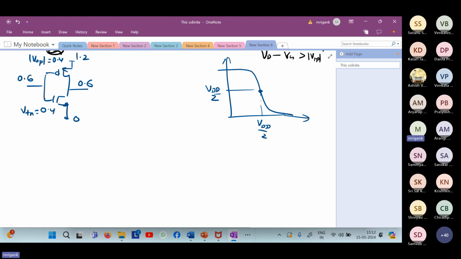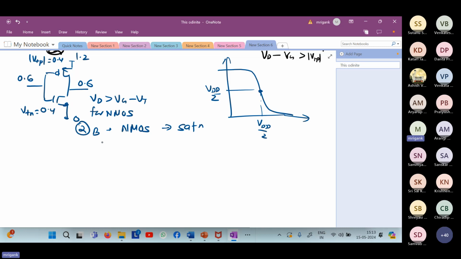The VDS is in fact even higher than VGS. So we know that here VD is greater than VG minus VT. Definitely there is no problem for NMOS. So therefore in the central region, region 2B, the NMOS is in saturation.